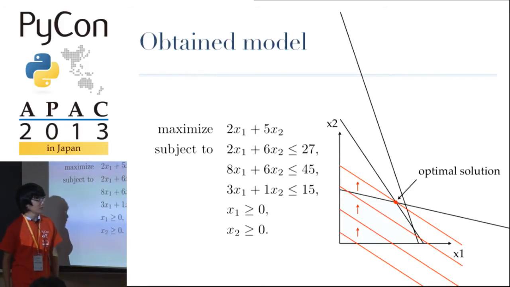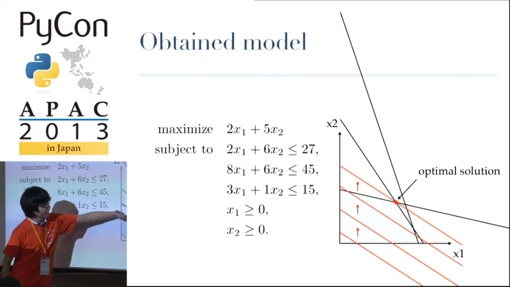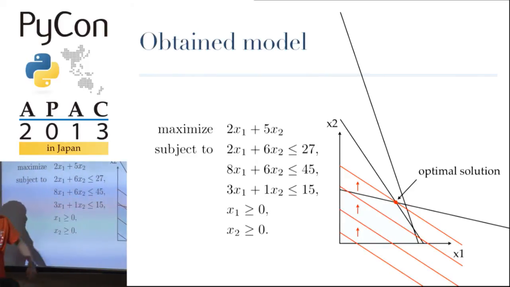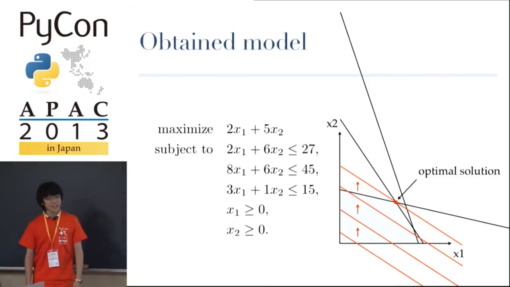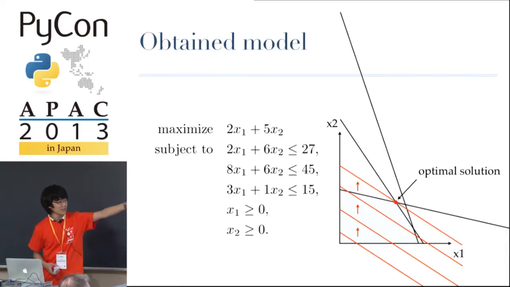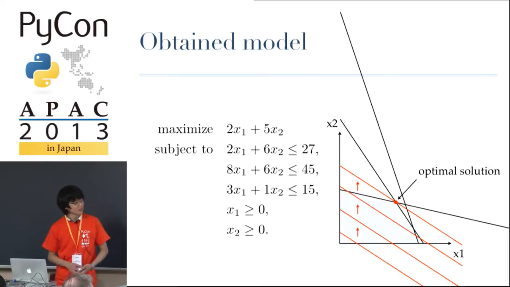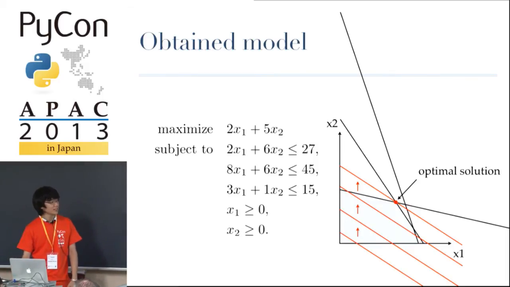We want to maximize profit, so we move the objective function higher. In this case, we can solve the problem with this method, but in real cases it cannot be solved without a computer.